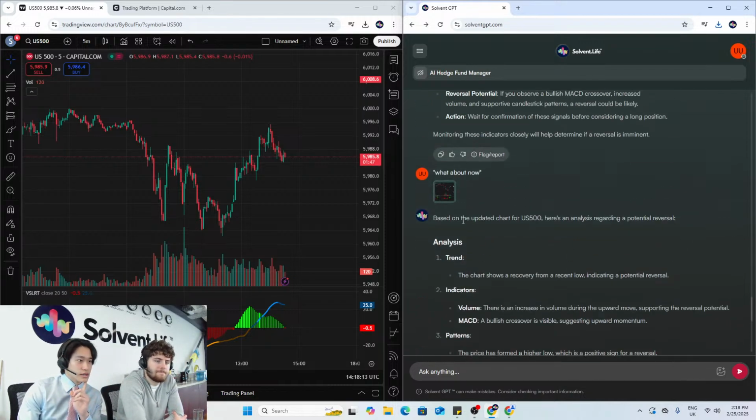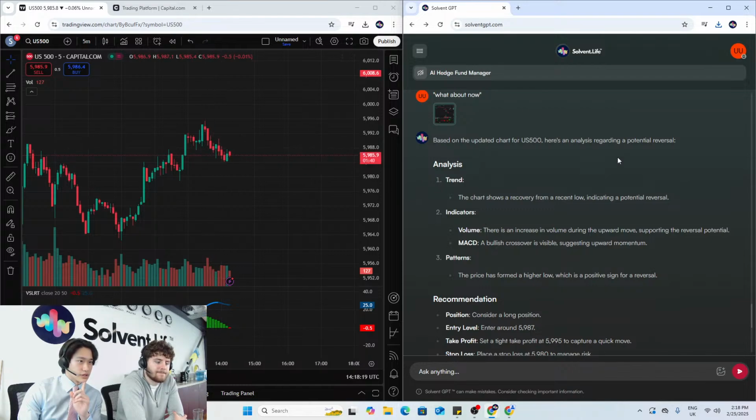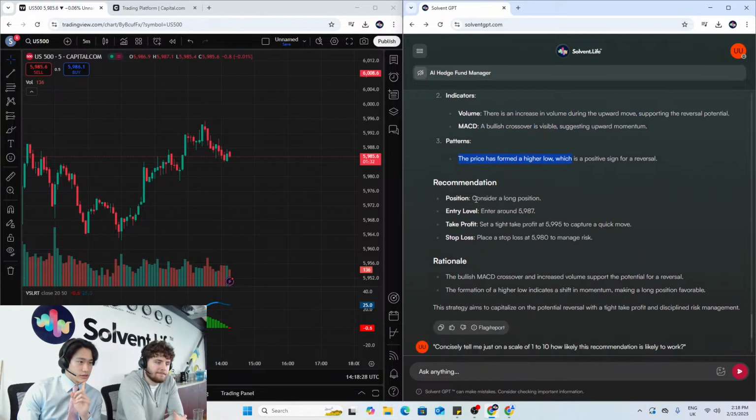I took a screenshot of the US 500, and it recommended a potential reversal to watch for, a bullish crossover with the MACD and an increase of volume. Here's what it considered: entry at 5987, so we're not quite there yet, and an exit at 5995.